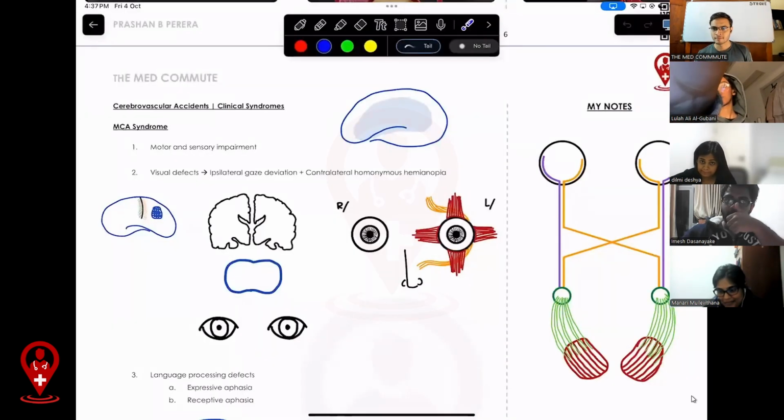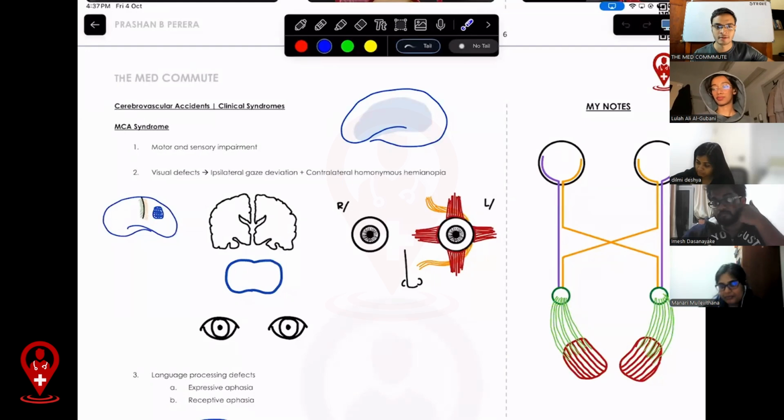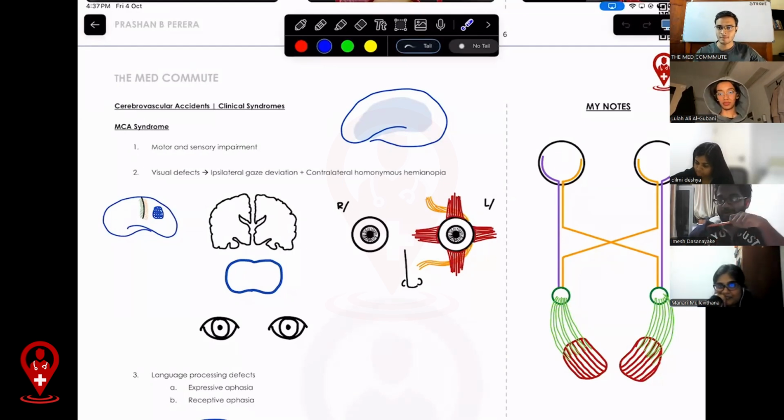Can you see the screen, guys? Not yet? Excellent, thank you, Imesh. You all can see the screen, right? All good?